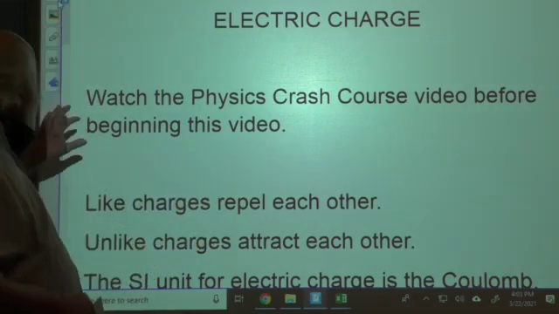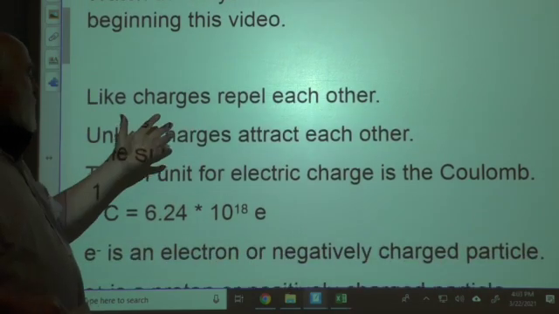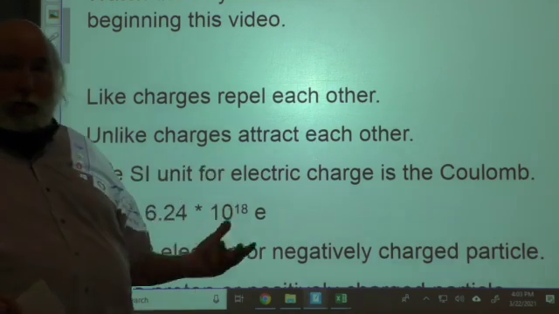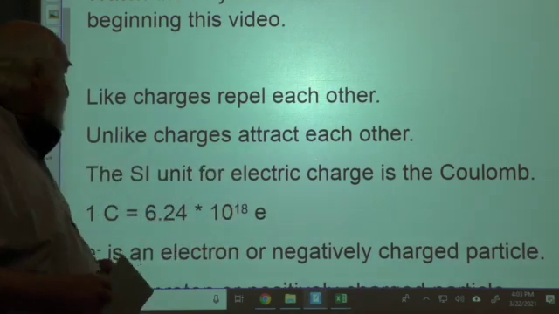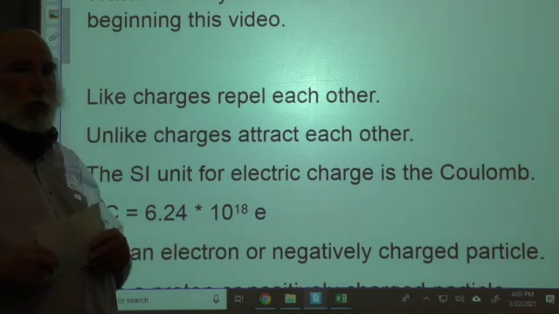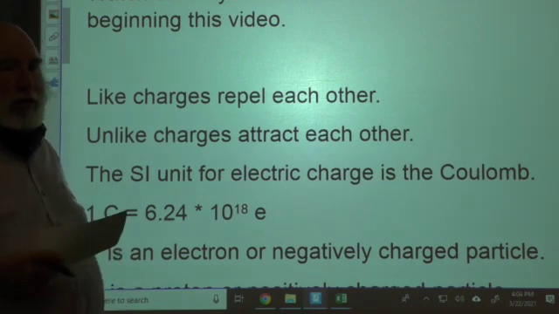Okay, now some topics that were discussed in that were that like charges are going to repel each other and unlike charges are going to attract each other. And when we talk about charges, it turns out that the mole is way too large a value for dealing with electrons.